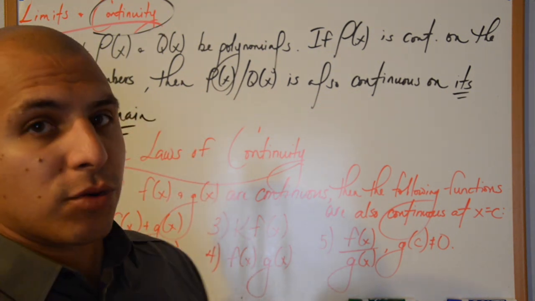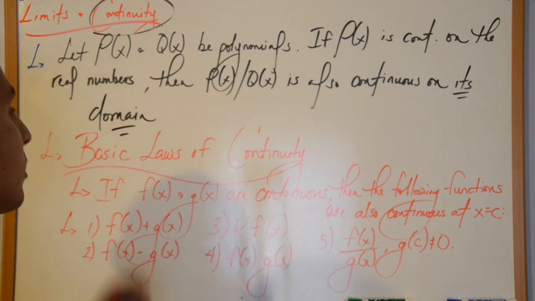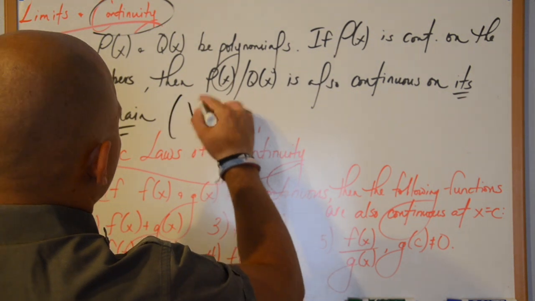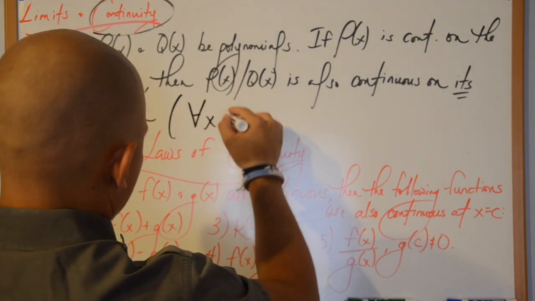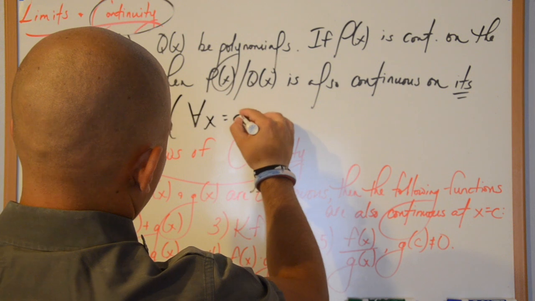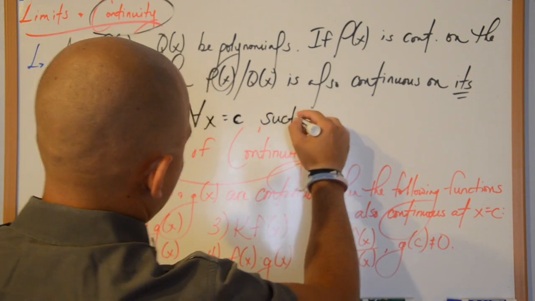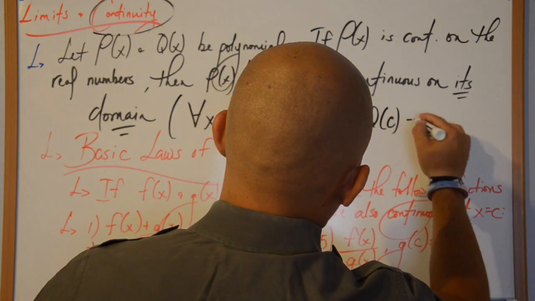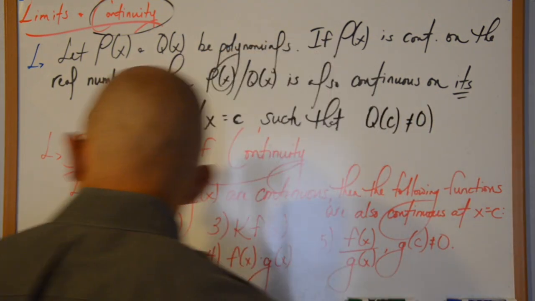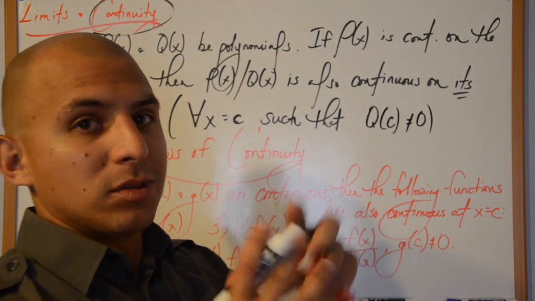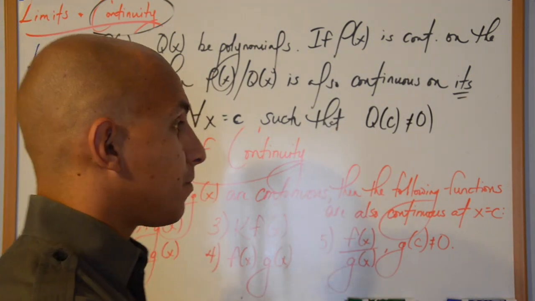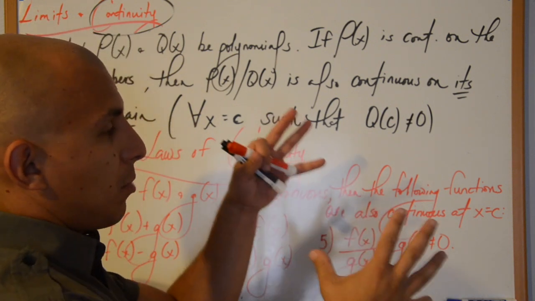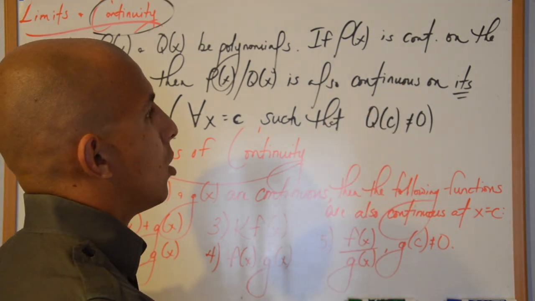And if you've forgotten here from pre-calculus or maybe algebra 2, the domain is the set of x values that allow the function to operate. So once again, for all values of x equals c, such that q of c does not equal 0, which is what allows us to use that basic limit law for quotients by simply separating the numerator and denominator and substituting in appropriately.